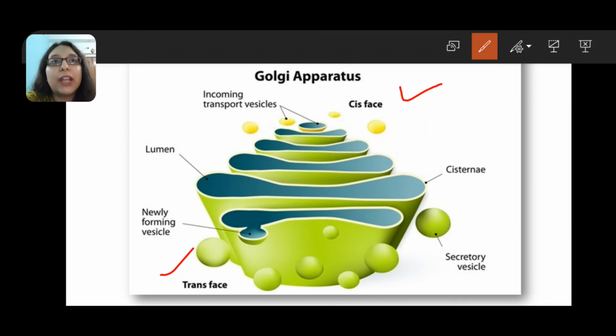As they travel from the cis phase towards the trans phase, and when they are excreted, they form secretory vesicles. This is important, because the secretory vesicles further will help in the breakdown or degradation of food particles. So, the Golgi apparatus has two phases: one is the cis phase, another is the trans phase.